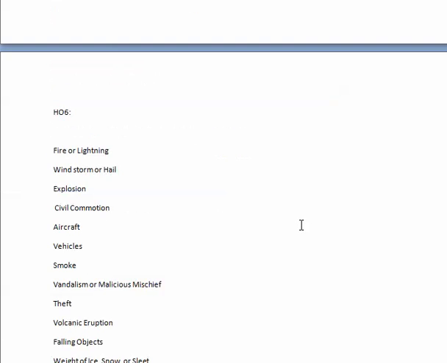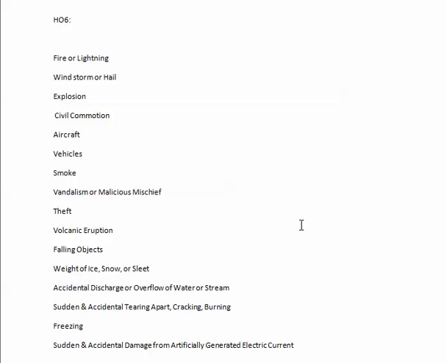The 16 perils are fire or lightning, windstorm or hail, explosion, civil commotion, aircraft, vehicles, smoke, vandalism or malicious mischief, theft, volcanic eruption, falling objects, weight of ice, snow or sleet, accidental discharge or overflow of water or steam, sudden and accidental tearing apart, cracking, burning, freezing, sudden and accidental damage from artificially generated electric current.